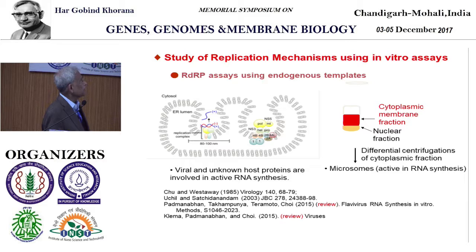Westaway in Australia showed that one can isolate the cytoplasmic membrane fraction and that it has an activity to synthesize RNA as long as you provide the four triphosphates, one of which is labeled. Recently we have purified this membrane complex by differential centrifugation, isolating the microsomes, and we showed that it's active in RNA synthesis. We are also following the proteomics of this microsome to see what proteins are associated with it.